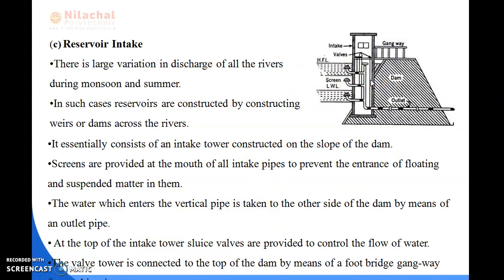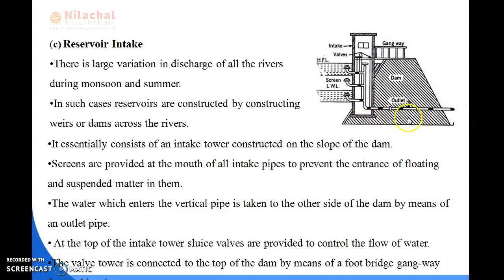So there is a large variation in discharge of the river during the monsoon and summer season, and in this reservoir, constructed by building weirs or dams, there is an intake tower constructed on the slope of the dam. The water which enters the vertical pipe is taken to the other side of the dam by means of an outlet pipe.